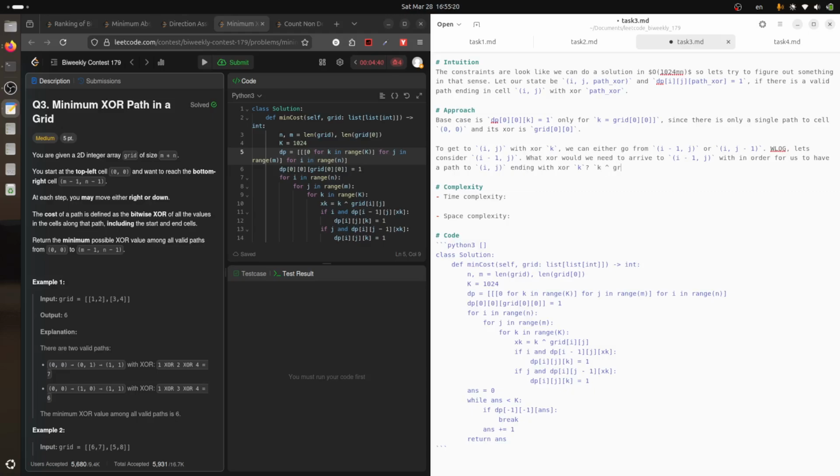It's k XOR grid[i][j], since up to there XOR grid[i][j] equals k.